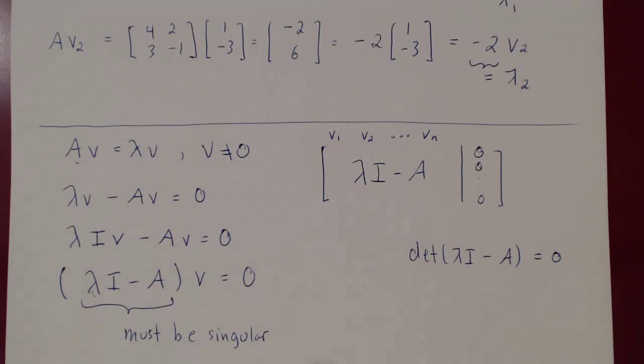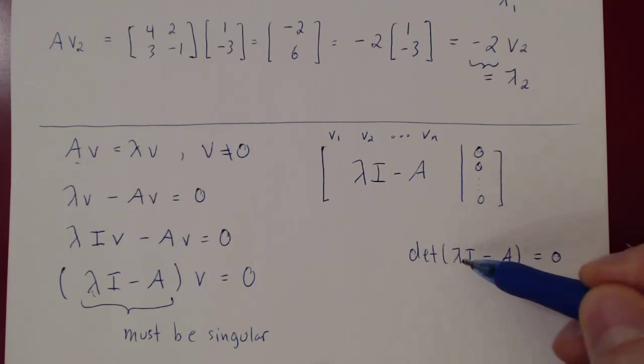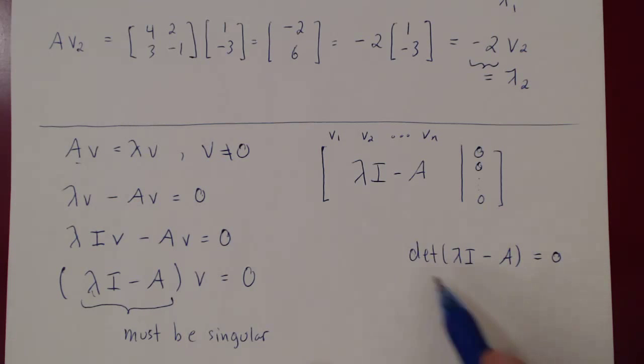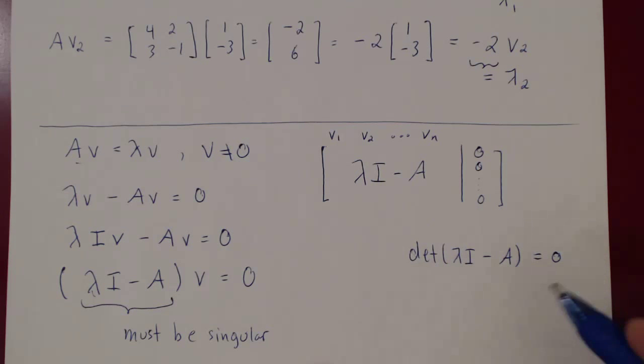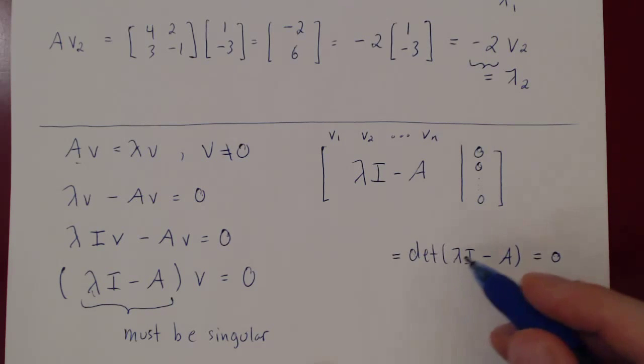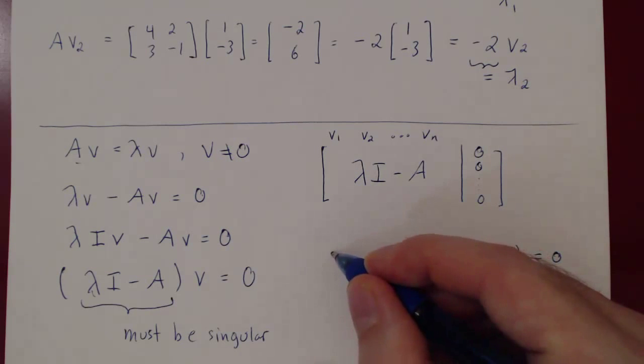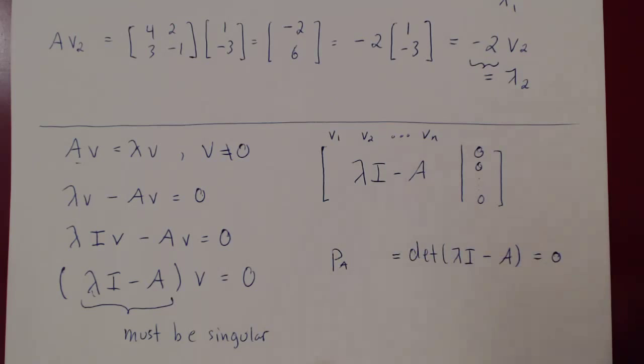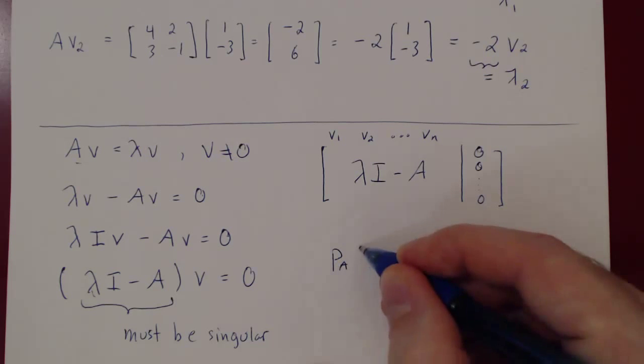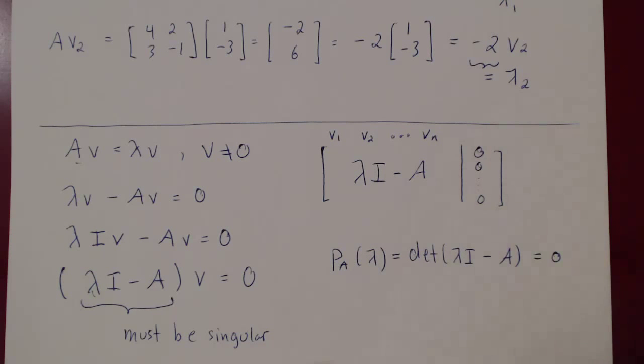And as we'll see in the next video when we consider an example, if the matrix A is an n by n matrix, this will be a polynomial in the variable lambda of degree n. We give this polynomial a very special name. We call this the characteristic polynomial of A, and we usually denote this by P sub A, for polynomial, and it is a function of lambda.